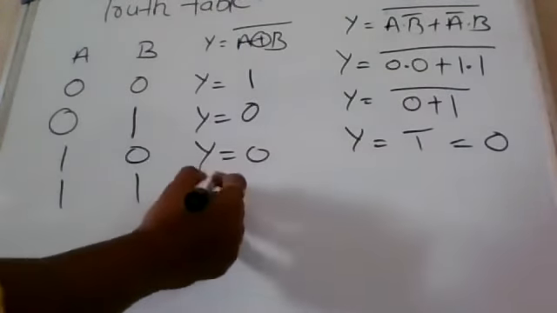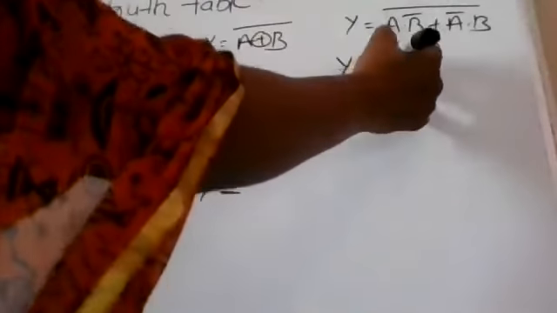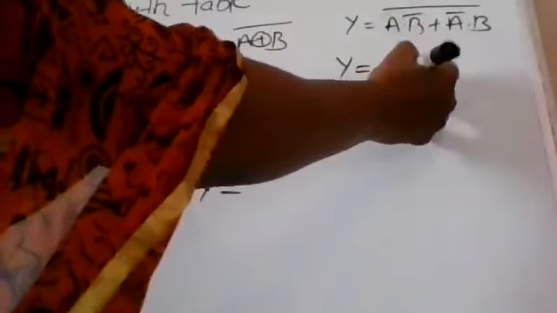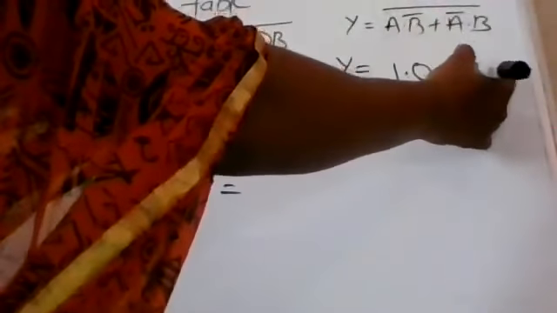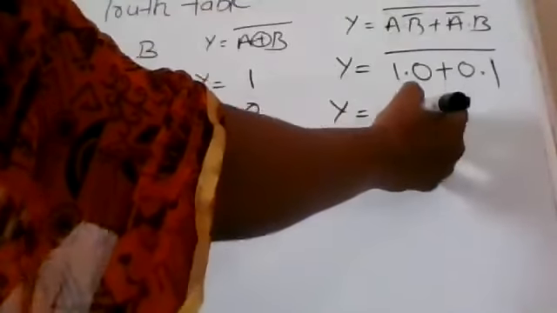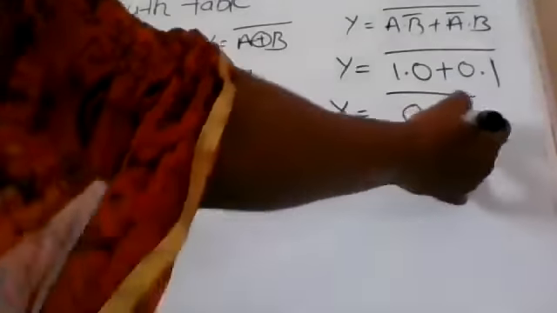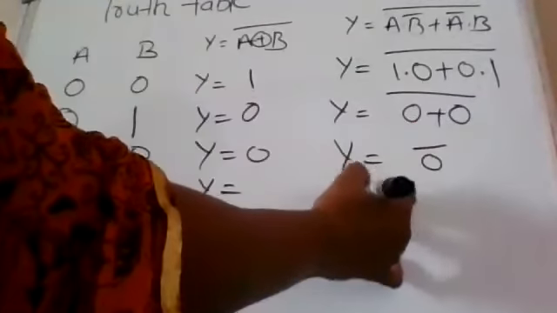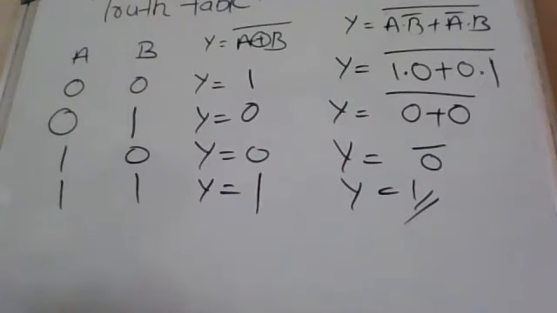What is the y value? y equal to A, which is 1, dot B complement, 1 complement 0, plus A complement, 1 complement 0, B means 1, whole complement. y equal to 1 dot 0 is 0 plus 0 dot 1 is 0, whole complement. y equal to 0 plus 0, complement. y equal to, we get the output 1. This is the truth table for the XNOR gate.